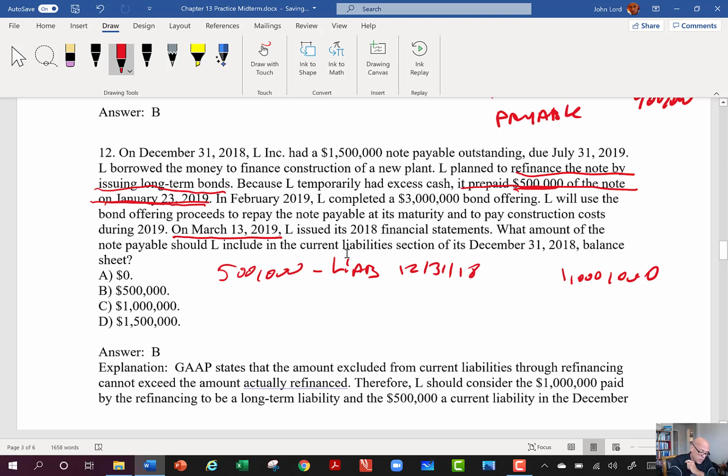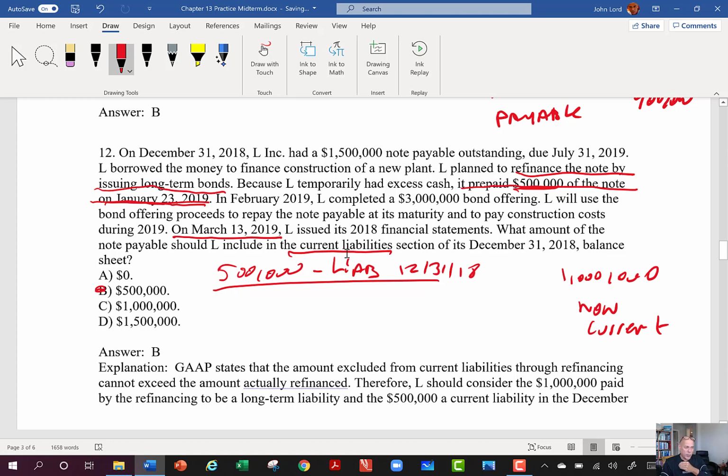So that $1 million is going to be non-current, okay? And therefore, what amount of note payable should we include as current? It's just the 500,000. The $1 million, I've secured the refinancing before I issue the financial statements under US GAAP. I can carry that as a non-current liability.